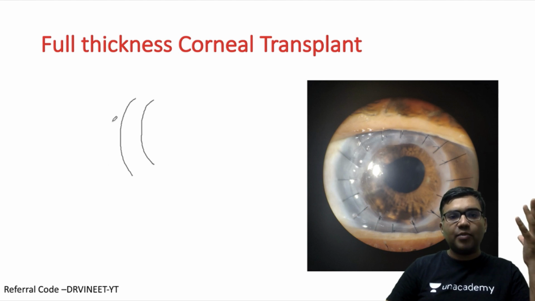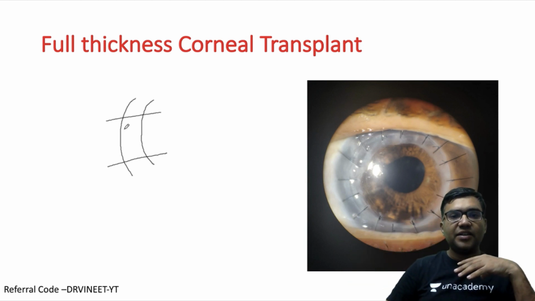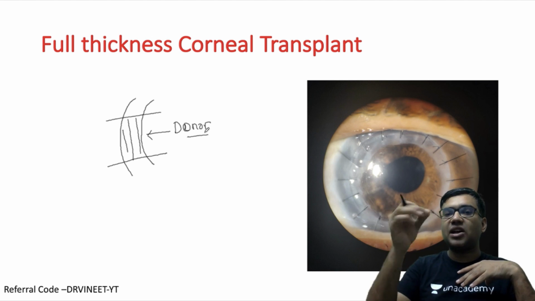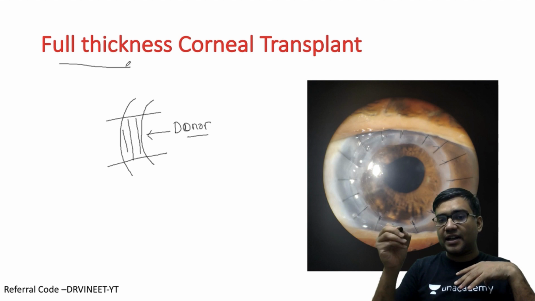If I remove the full part of the cornea and replace it with a totally new cornea, so all the layers of the donor cornea are now replacing the host cornea. This is called full thickness corneal transplant.